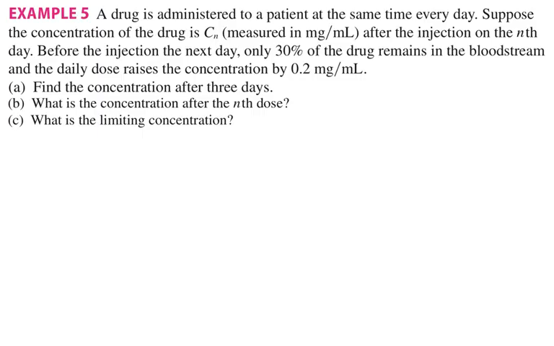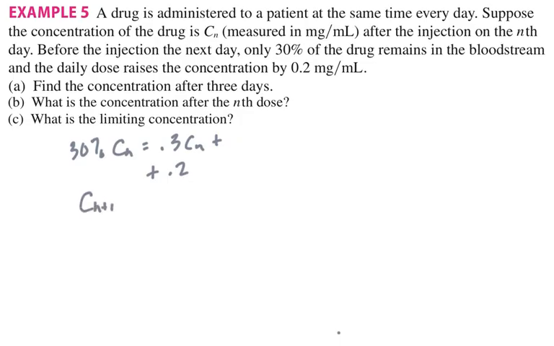So when you walk in, the person has 30% of the concentration of the drug from the day before. That's 0.3 C_n. And now you're adding 0.2 milligrams per milliliter to it.